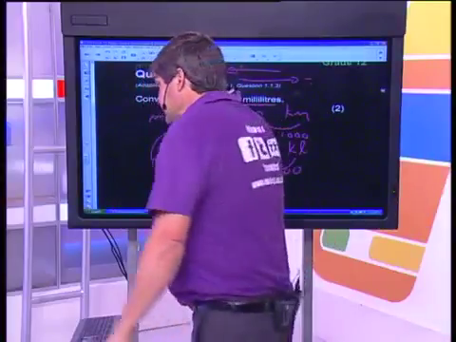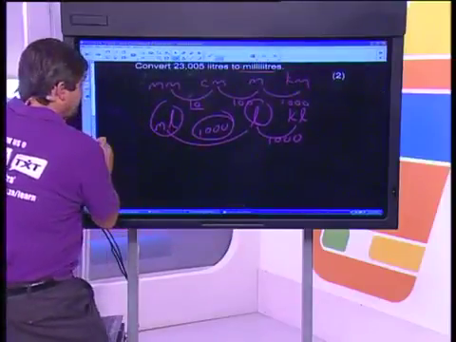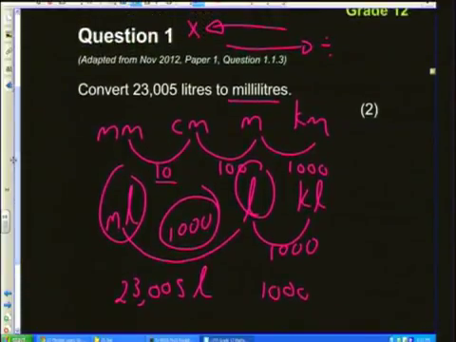Okay, so now let's go through this question quickly. We have 23,005 liters. We want to convert it to milliliters. We know the jump is 1,000, okay? And remember what we said, when we're going from milliliters to liters, we're going to divide.